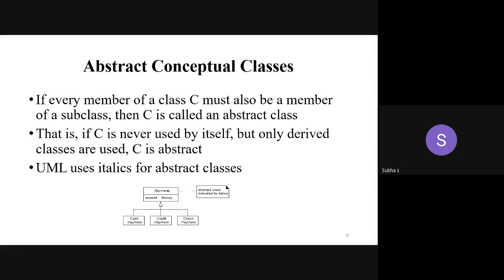Here, the C is nothing but the payment class. Payment is the class, but actually that class is not used because it is divided into what? Cash payment, credit, and then check payment. I am actually going to use any one of these only, either cash, credit, or check. Yes, I am not at all going to use the C, but through C I am deriving. I have derived these three classes. So this payment is considered as the abstract class.